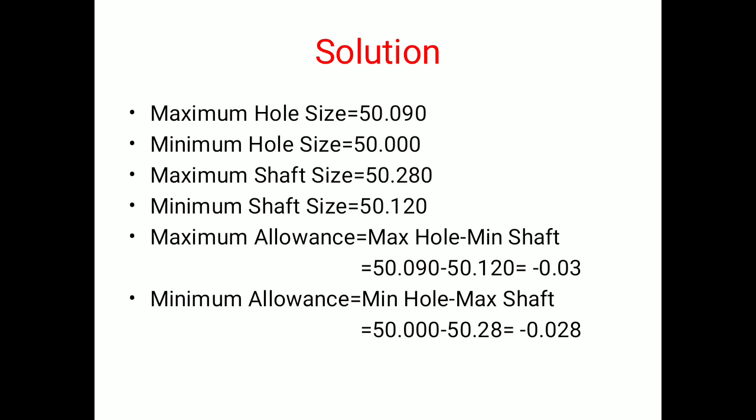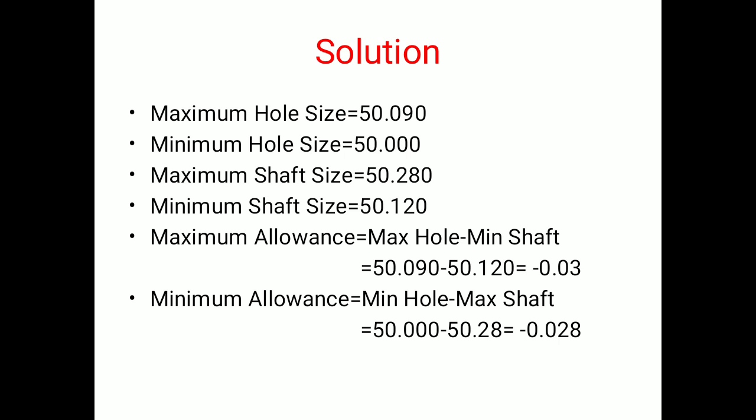Now from the above sizes, you can see that the maximum hole size is 50.09, whereas the minimum shaft size is 50.12. So we will find the difference between the maximum hole and minimum shaft, and we get the difference as minus 0.03.